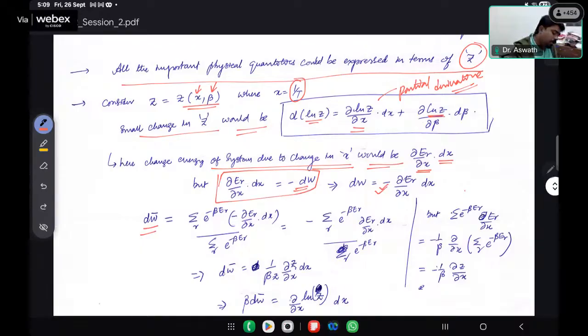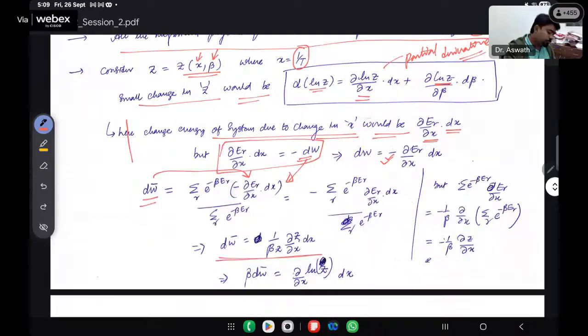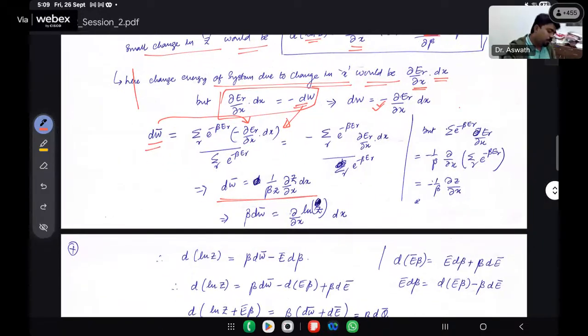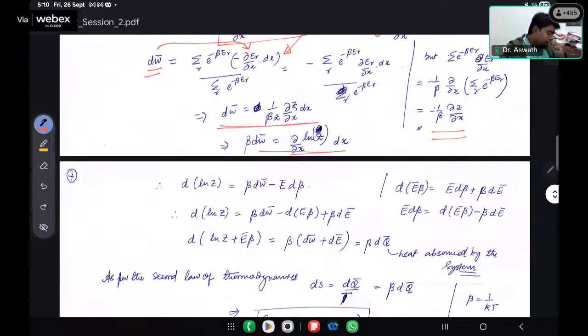Similarly, by substituting the actual single-qubit energy, you put it in, take the partition function and the probability distribution, and you can calculate the average work done on each qubit. So I have just algebra for you here. You can follow through later, but we'll see what the implication is.